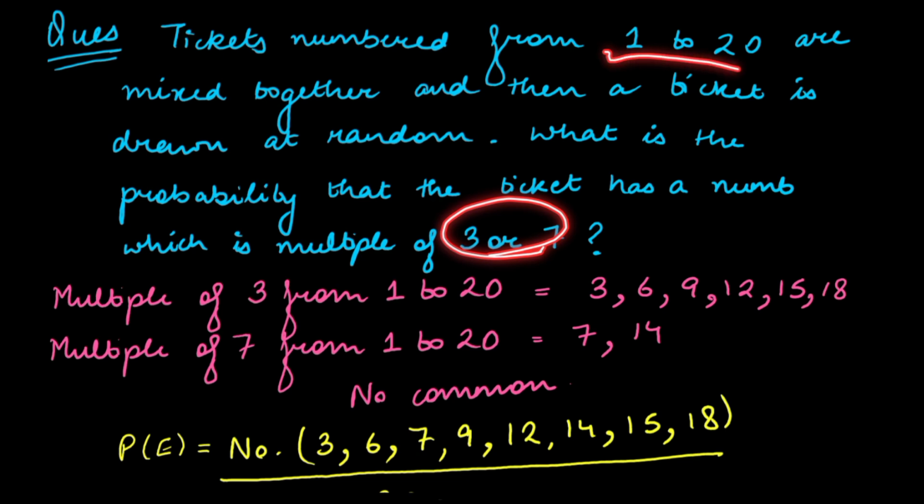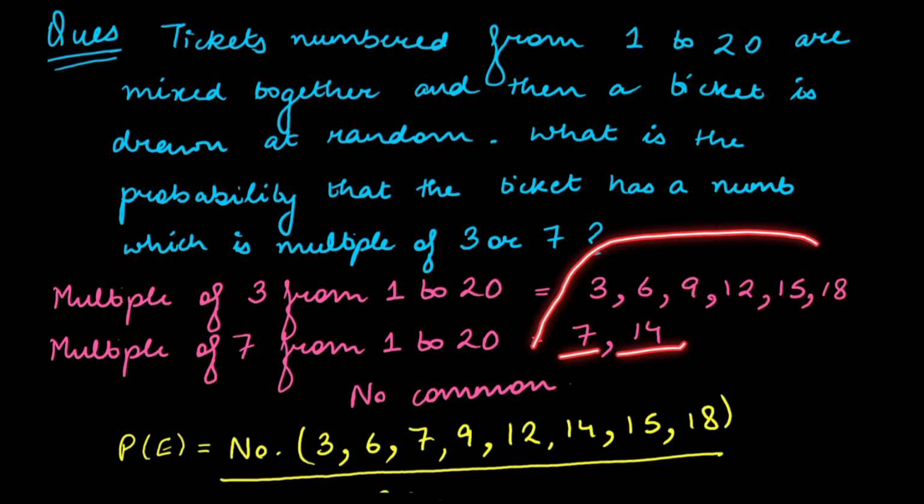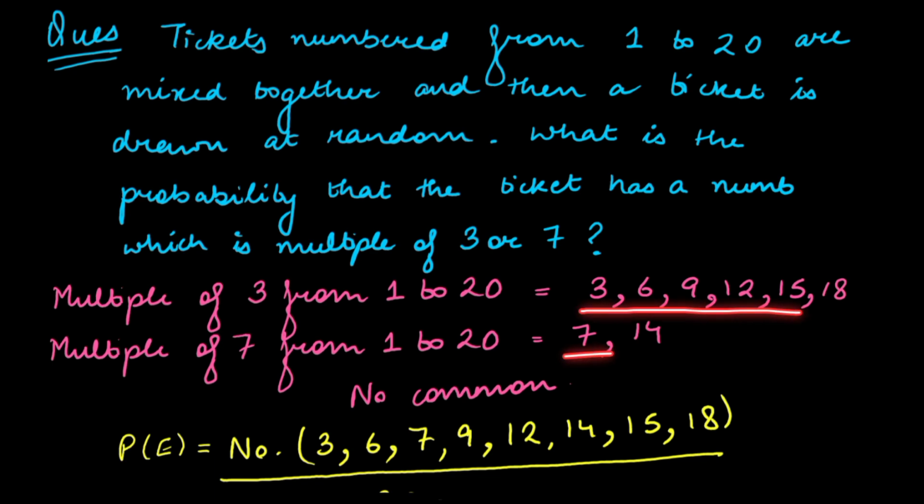Now we have to see from number 1 to 20 how many multiples of 3 and how many multiples of 7 are there. The multiples of 3 from 1 to 20 are 3, 6, 9, 12, 15 and 18. And the multiples of 7 from 1 to 20 are 7 and 14. If we see these two sets, the set of multiples of 3 and the set of multiples of 7, there is no common ticket number between them.